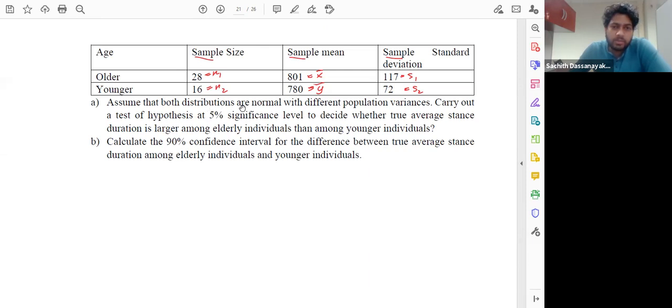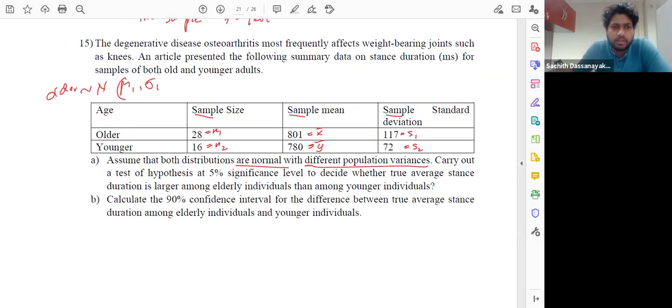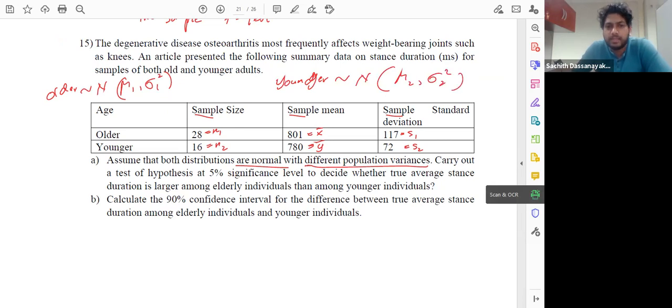Assume that both distributions are normal with different population variances. Check this one. They are normally distributed, with different population variances. Older has a normal distribution with mean mu1 and variance sigma1 squared. Younger has a normal distribution with mean mu2 and variance sigma2 squared.